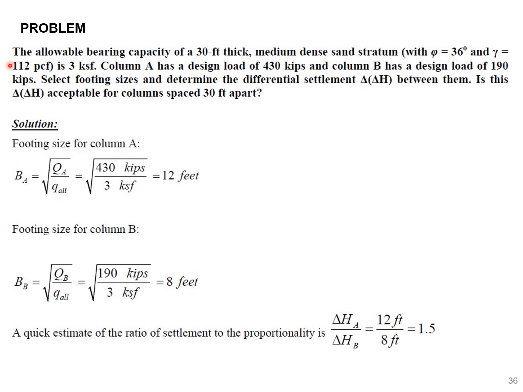Column A has a design load of 430 kips and column B has a design load of 190 kips. Select footing sizes and determine the differential settlement delta delta z between them. Is this delta delta h acceptable for columns spaced 30 feet apart? So it is also an interesting problem, so you can go through it yourself.